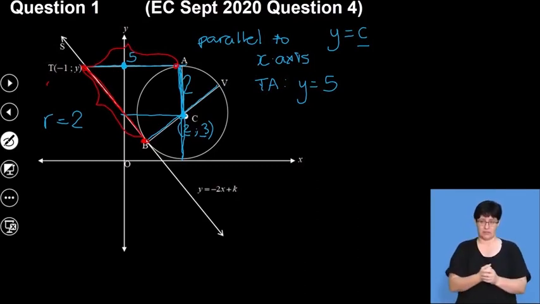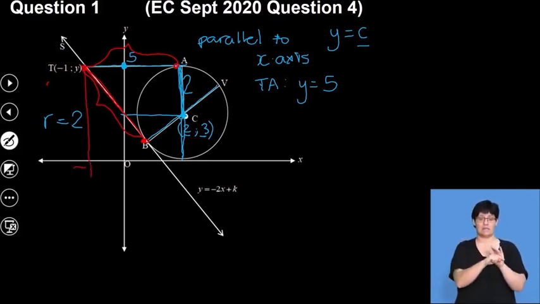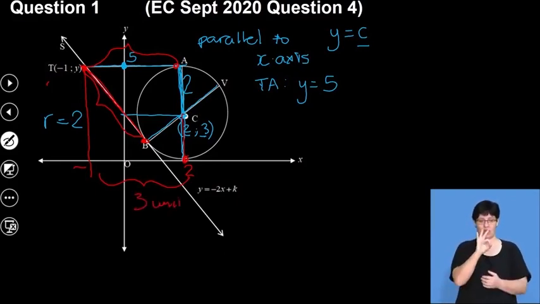So, can we calculate the length of this line over here? So we know that the x-coordinate of this point is -1. And we also know that the x-coordinate of this point is 2. So therefore, we know that the distance between those 2 points over there, -1 to 2, gives 3 units.